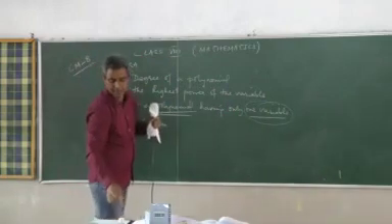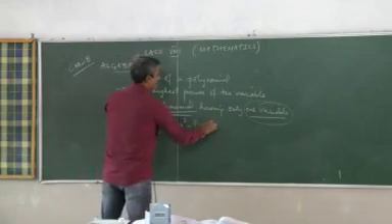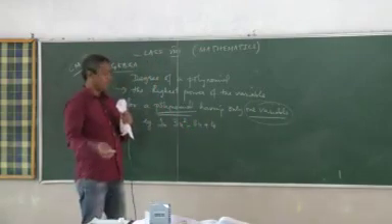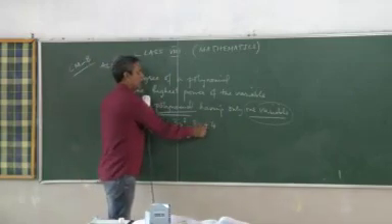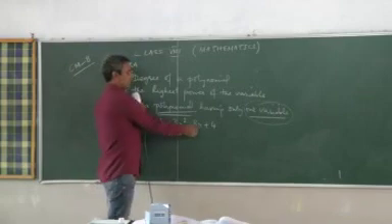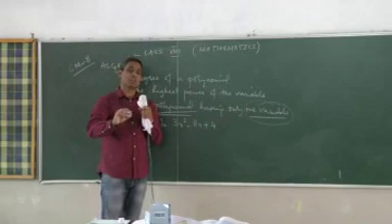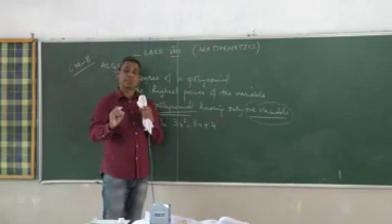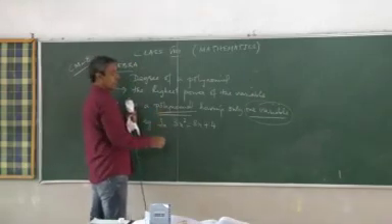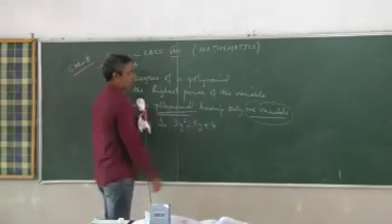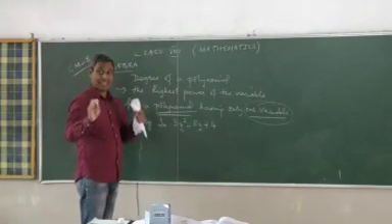In 3x square minus 8x plus 4, this is a polynomial. How? If you highlight the plus and minus signs, there are three terms. So any algebraic expression having more than one term is called a polynomial. So this is a polynomial, first and foremost. Next, it has only one variable, which is x. We are not having any other variables, only x.